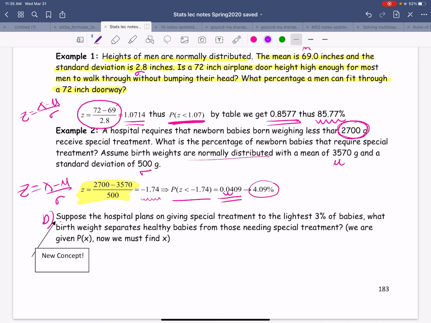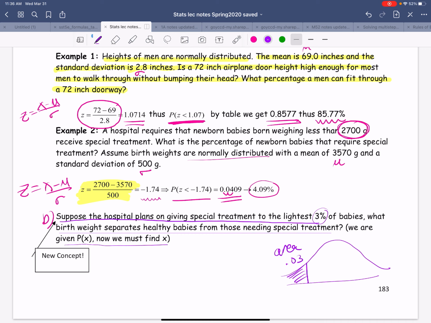Here's part B. Suppose the hospital plans on giving special treatment to the lightest 3%. Lightest 3% means this is the area, the lightest 3% of the babies. What birth weight separates healthy babies from those needing special treatment?